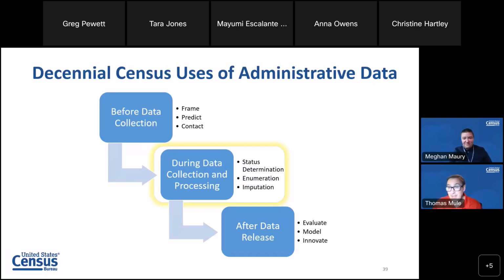Secondly, we'd like to expand a little bit more on what we were able to do to use administrative record data for occupied units. And third, we'll also talk a little bit about how we were able to use administrative data for the assignment of demographic and housing characteristics. If you were able to join us last week during Megan's session, she went over the edit and imputation, and I'd like to provide a little bit more information about that today. So next slide, please.